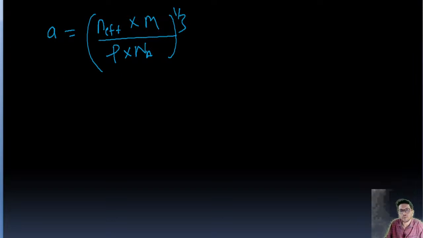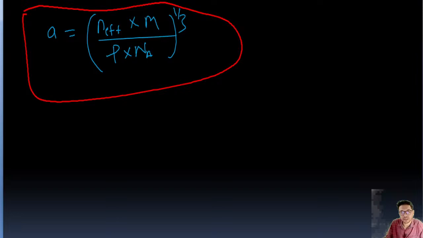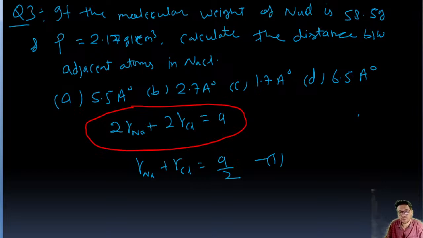This is a very important formula. I have explained this in my previous class. So the value of a is this. We just need to find the value of a and put it in equation 1. We'll get the required answer, the distance between two adjacent NaCl atoms.